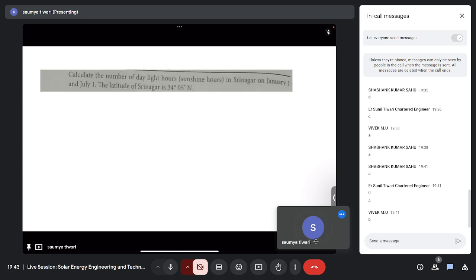Now, this is the first numerical question. Calculate the number of daylight hours, sunshine hours, in Srinagar on January 1st and July 1st. The latitude of Srinagar is given.